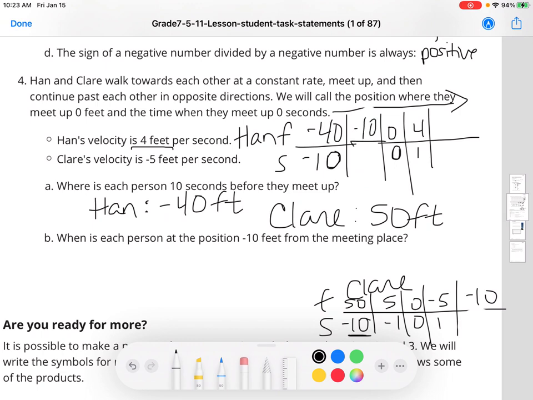So at negative 10 feet, we know Han is traveling at 4 feet per second. So to get to negative 10 feet at 4 feet per second, we have negative 10 divided by 4, which gives us negative 2.5. So that means he was at negative 10 feet at negative 2.5 seconds.